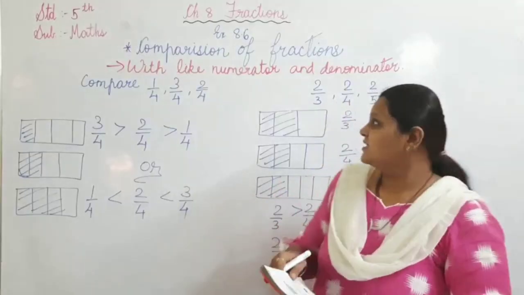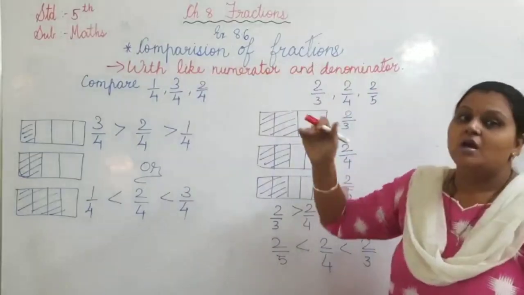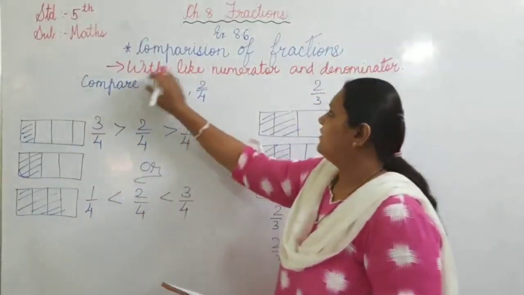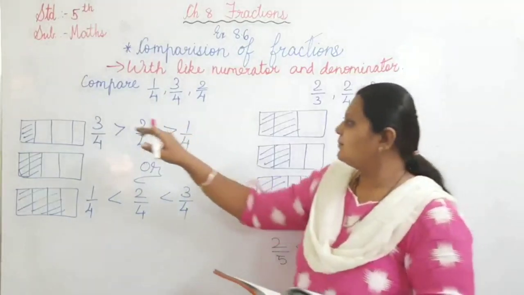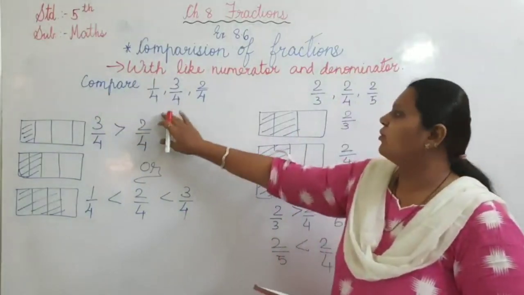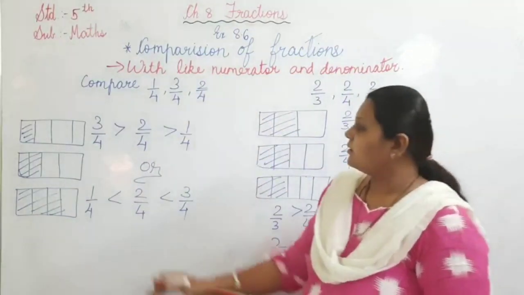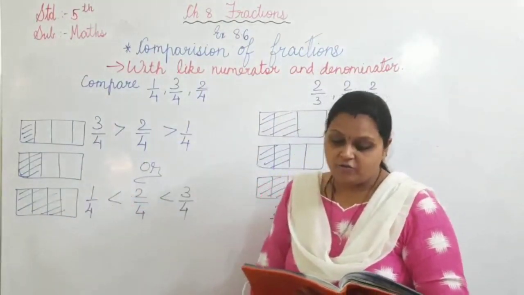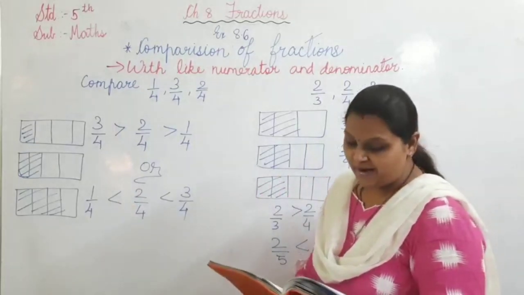Next is exercise 8.6, comparison of fractions. First we will see with like numerators and denominators. Example, compare 1 upon 4, 3 upon 4 and 2 upon 4. Here 3 strips of equal length are divided into 4 equal parts.